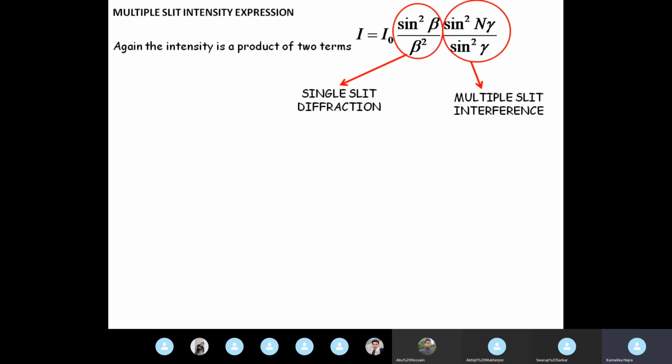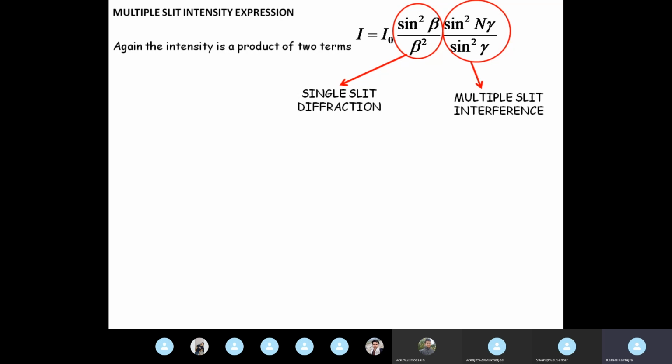So here we have n slits, so light coming from n slits is getting superposed at the point P. So basically we are dealing with capital N number of slits, where we are encountering for the first time multiple slit interference. So the intensity will be governed by two terms: the single slit diffraction term and the multiple slit interference term.